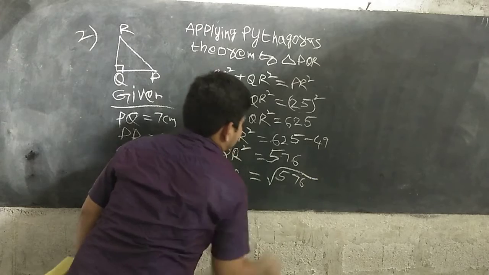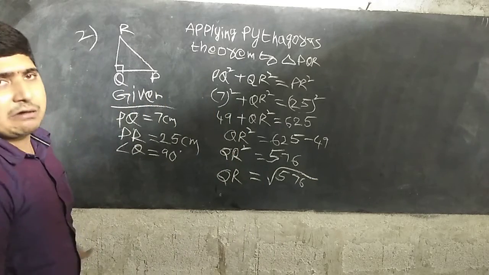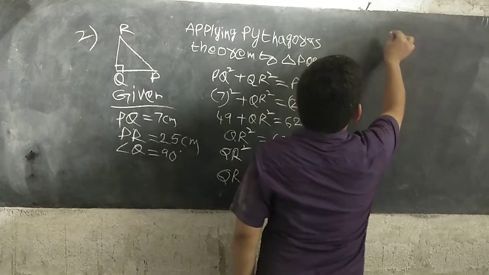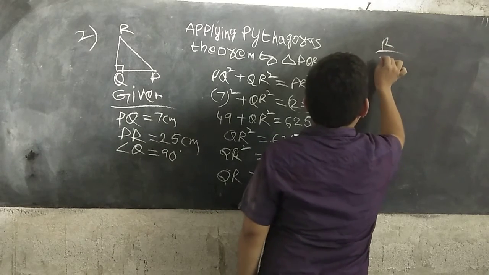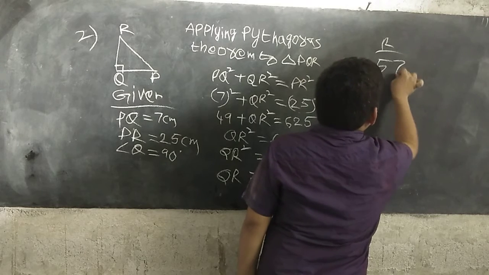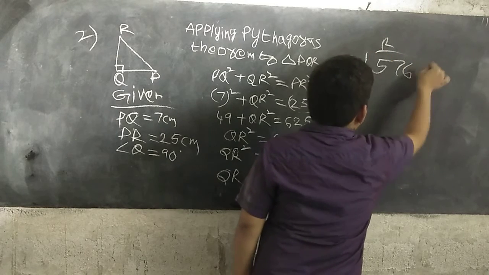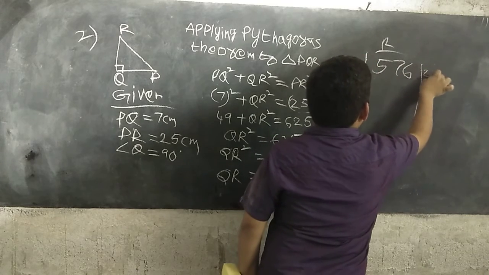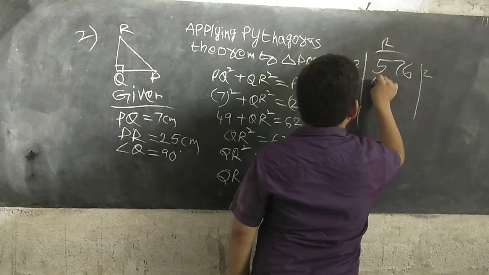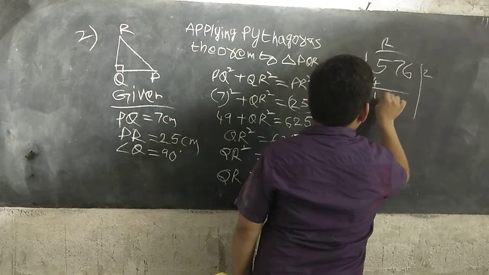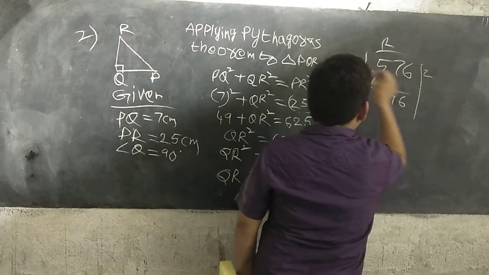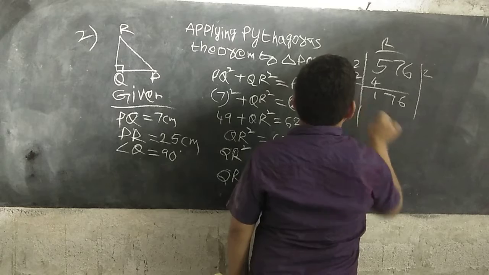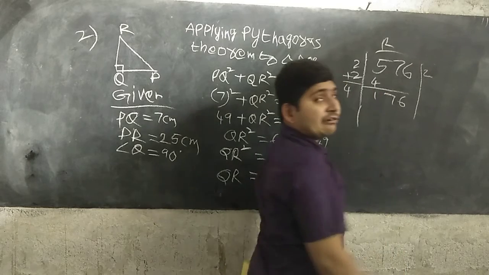Okay, 576. We have to find the square root value by using division method. Now, 2 to the 4, 1 remain, so 176. Now 2 plus 2 equal to 4.